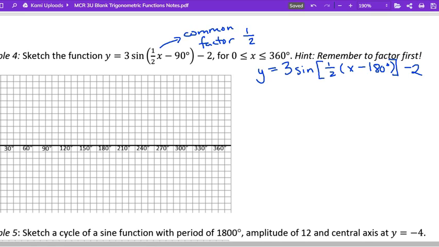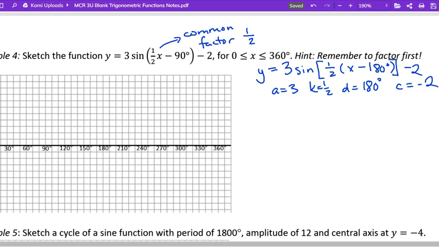Again, we are told to draw the function between 0 and 360. So I have my A is 3, my K is 1/2, my D is 180 positive, and my C is negative 2.